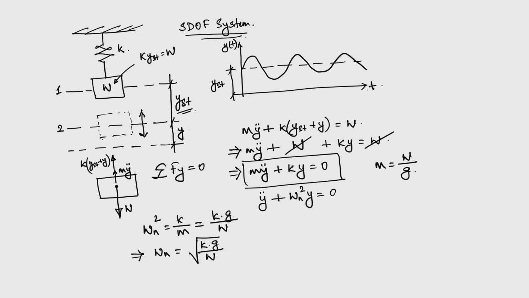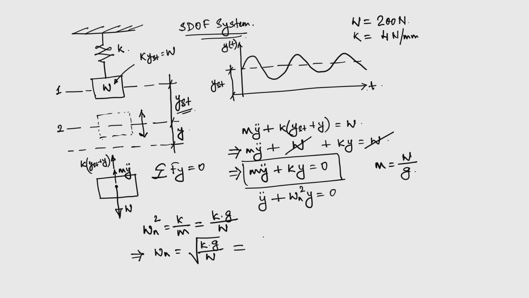So, if we consider some values, say w is equal to 200 Newton, and the stiffness of the spring k is equal to say 4 Newton per millimeter, in that case, we can actually find out the solution.